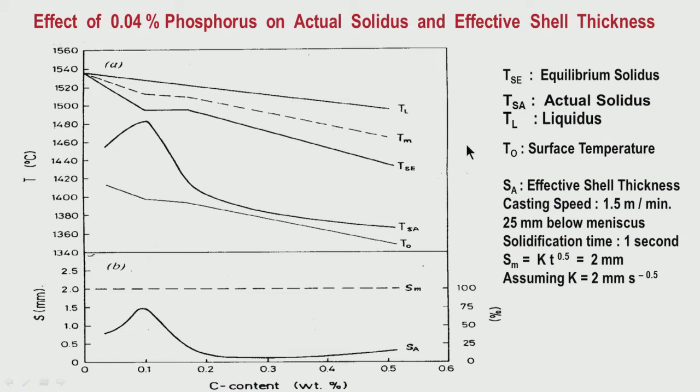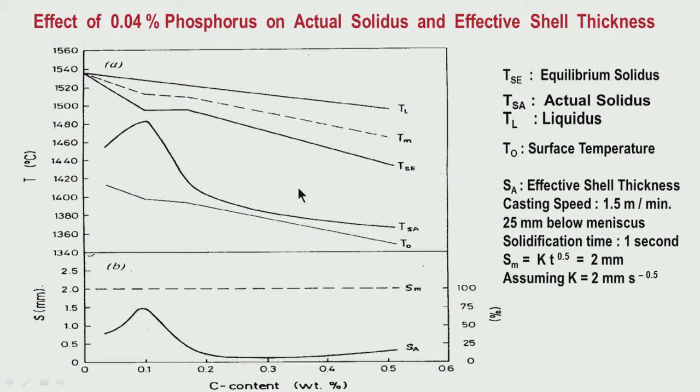So, heavy amount of segregation, what is it creating? It is creating first a lower solidus temperature. So, what is the consequence of this? If the solidus temperature comes down, the temperature interval for solidification between liquidus and the actual solidus increases. Say at 0.1% this is relatively less, and at 0.3% it is quite high.